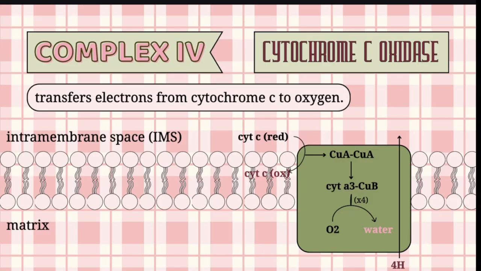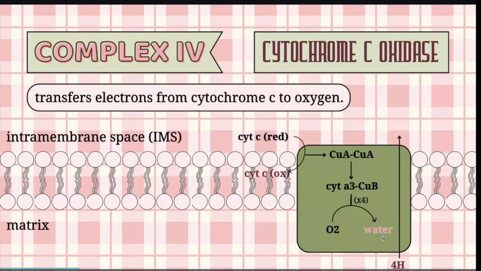When an iron-copper center gets reduced, it will bind to oxygen, and you need 4. And eventually this will form water. But for it to be able to form water, you need 4 iron-copper centers to bind to oxygen so that it can form water. Does that make sense?